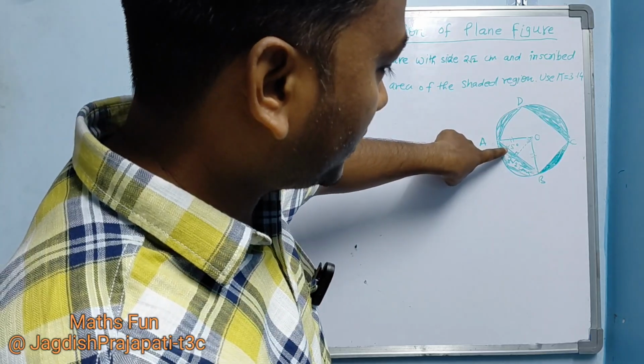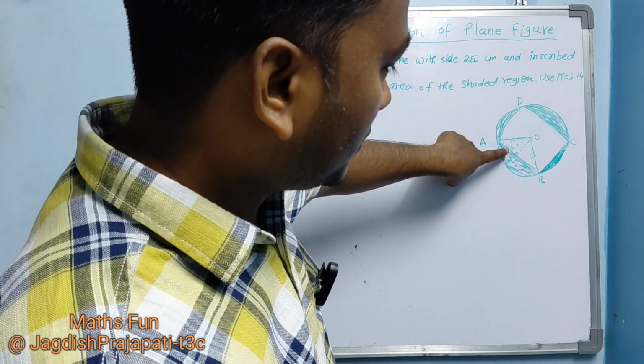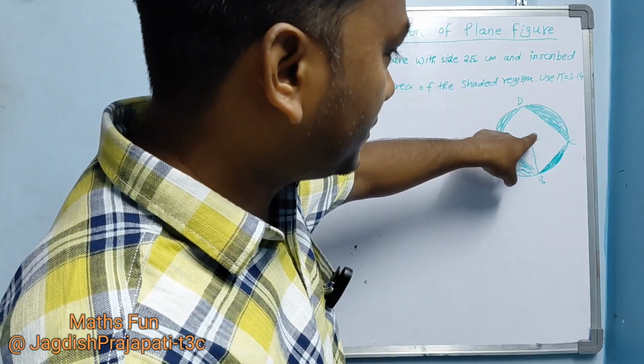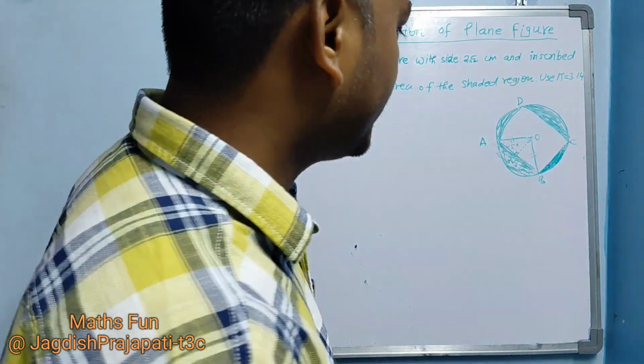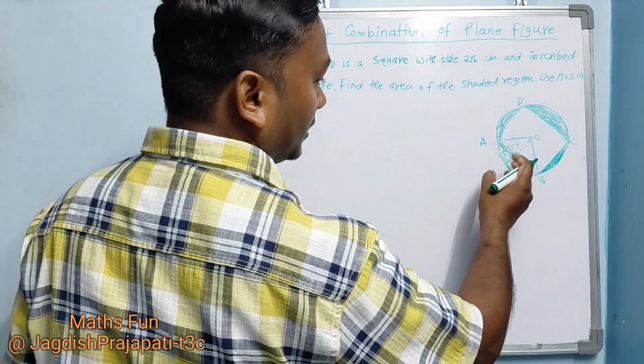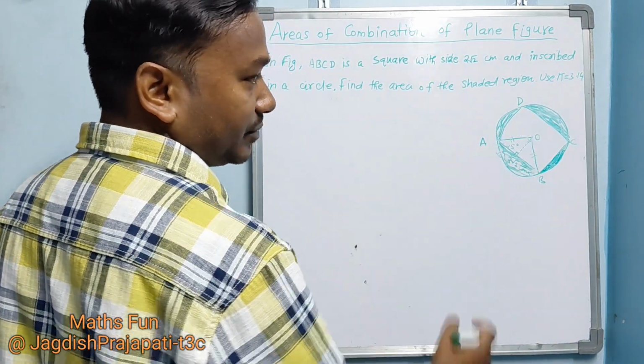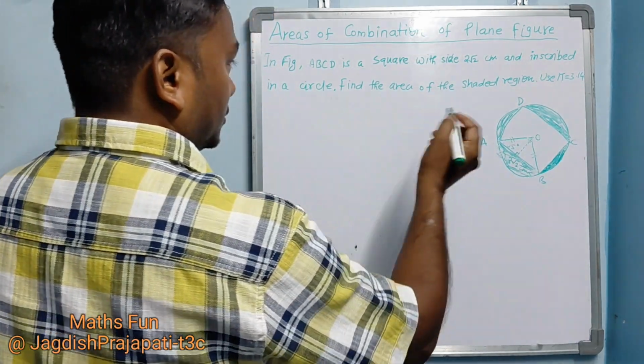We know this, and we want the radius, so use sine or cos, that is perpendicular upon hypotenuse or base upon hypotenuse.